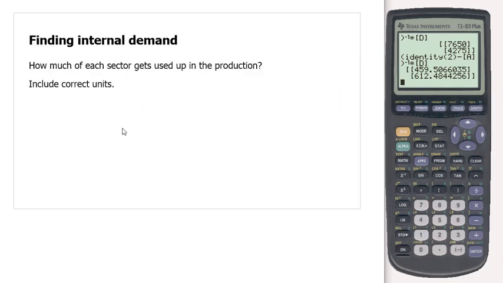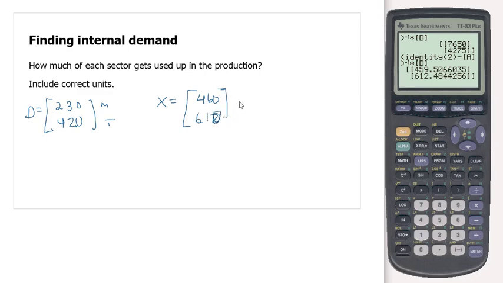They might also ask us to find the internal demand. If we go back to our original statement, they told us that our external demand was 230 million for manufacturing and 420 million for transportation, and we just found that our production is going to be 460 million of manufacturing, 610 million in transportation.